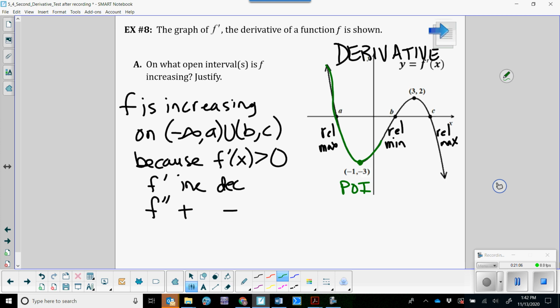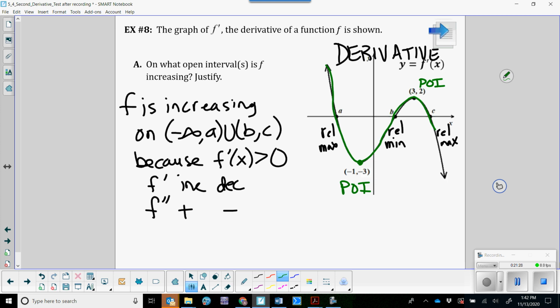So what's happening at 3, 2? f prime is changing from increasing to decreasing, so therefore this is also a point of inflection. And again, your reason will just be because f prime changed from increasing to decreasing there.